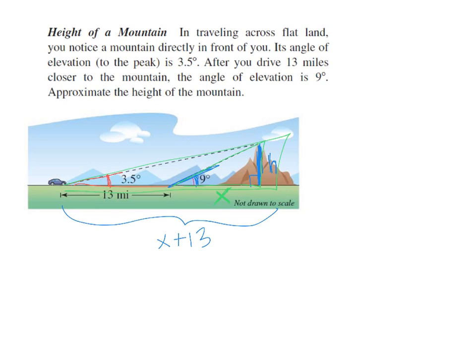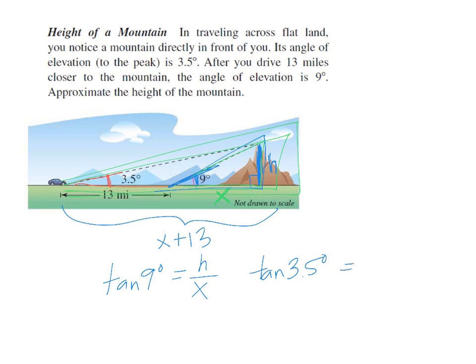So what do I have now? I'm going to start working with this small triangle. I have tangent of 9 degrees is equal to opposite, which is h, over adjacent, which is x. I could set up another equation using a trig function for the big triangle, which would be tangent of 3.5 degrees is equal to opposite, which is h, over x plus 13.